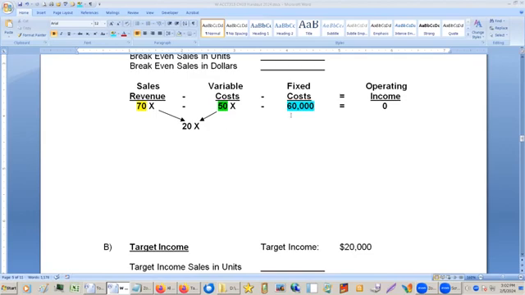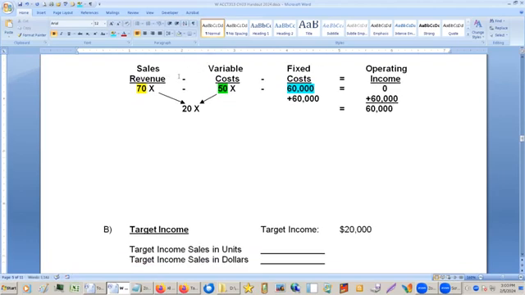Yep. So what I'm going to do is add 60,000 to each side. So 0 plus 60,000 is 60,000. Okay, so this is our new equation.